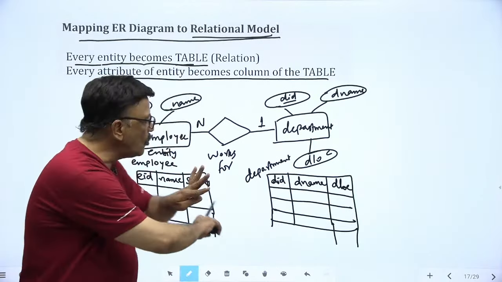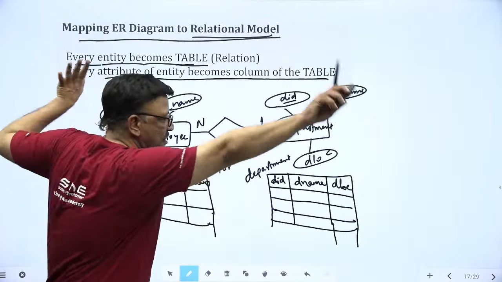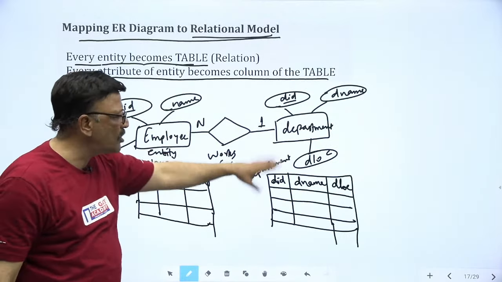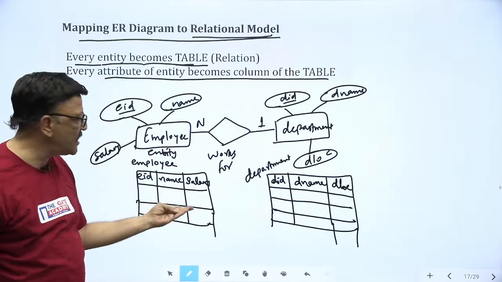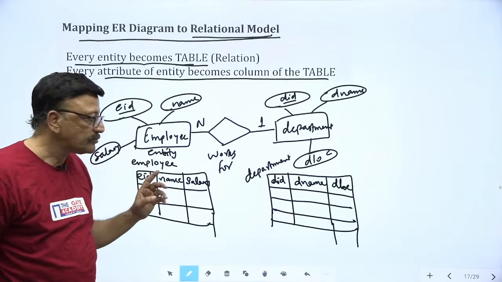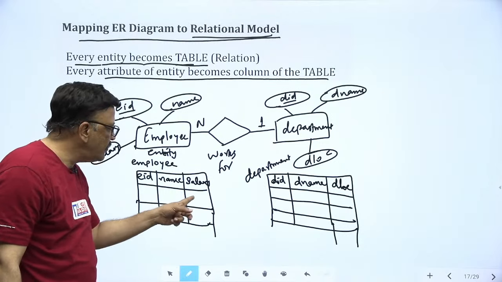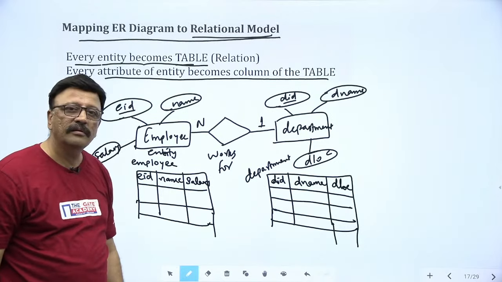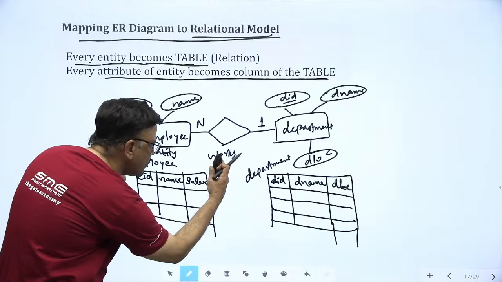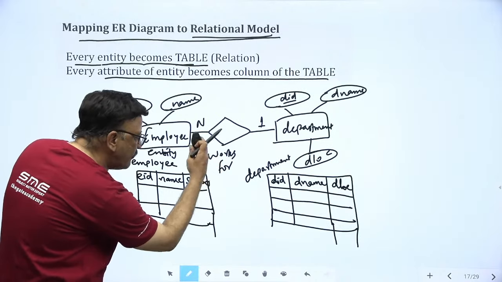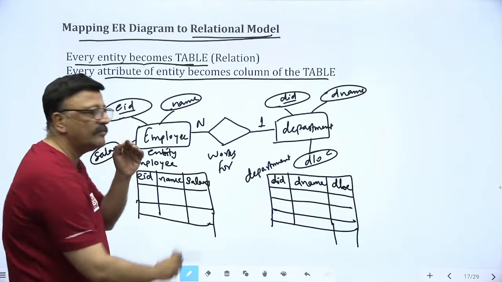Very good. They know everything about themselves. Departments know about themselves. Employees know about themselves, such as salary and all that. But if you ask some employee which department you work in, there is no information kept in this table at all about which department this employee is working in.